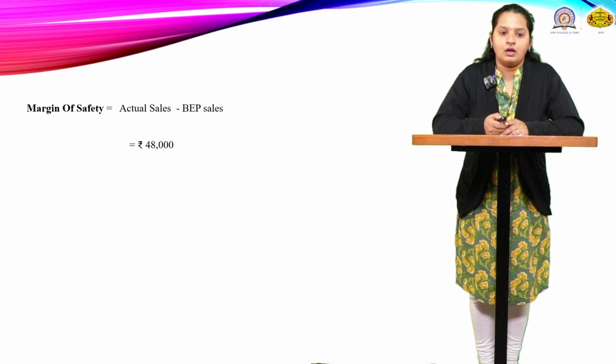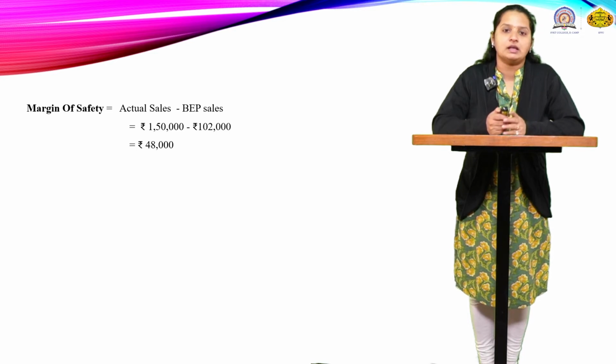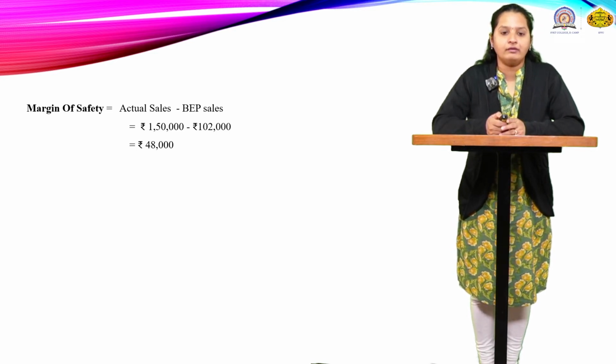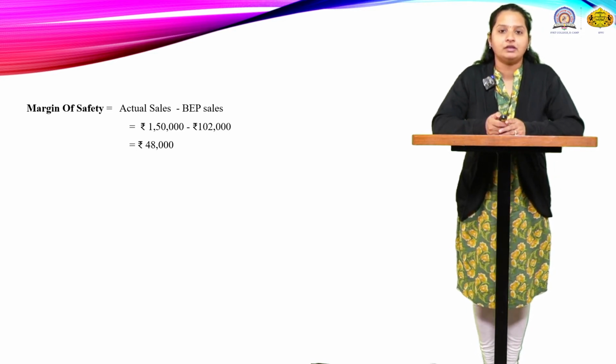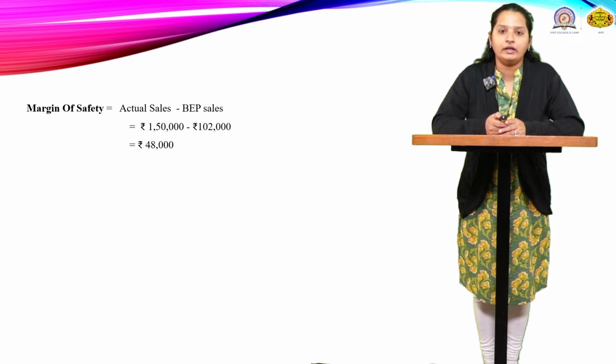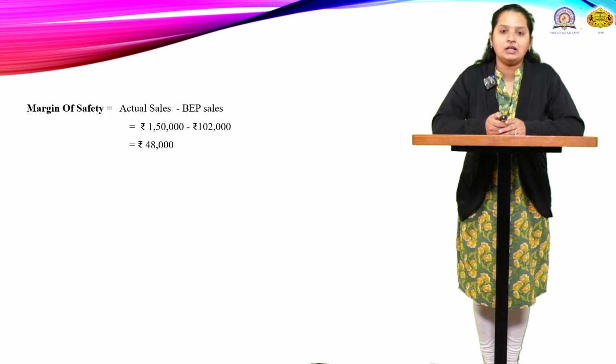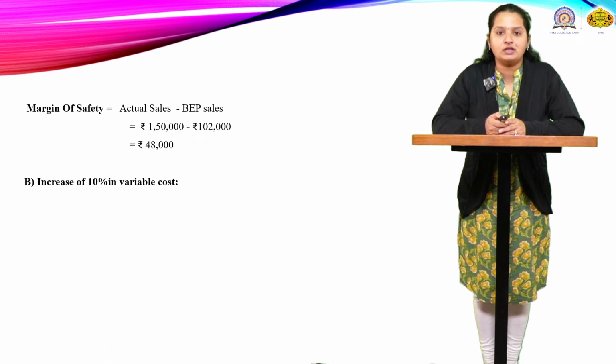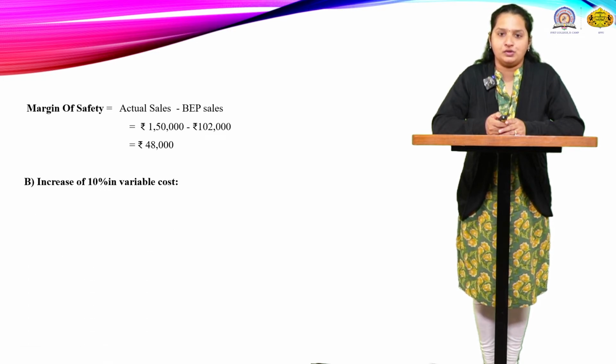Thereafter, we calculate margin of safety by deducting BEP sales from the actual sales. So again we have the actual sales of rupees 1,50,000 and the calculated BEP sales of rupees 1,02,000, and the new margin of safety is rupees 48,000.